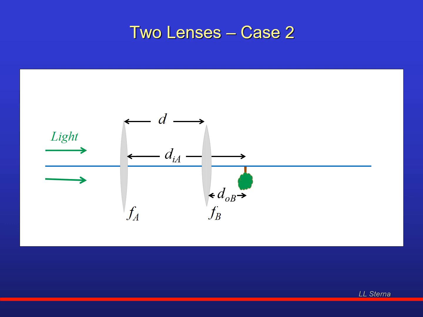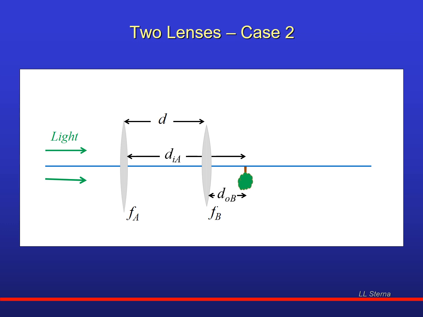this image, which will be the object for lens B, the second lens, is on the far side, the after side of the lens. Therefore, this is the situation where D sub OB is negative.